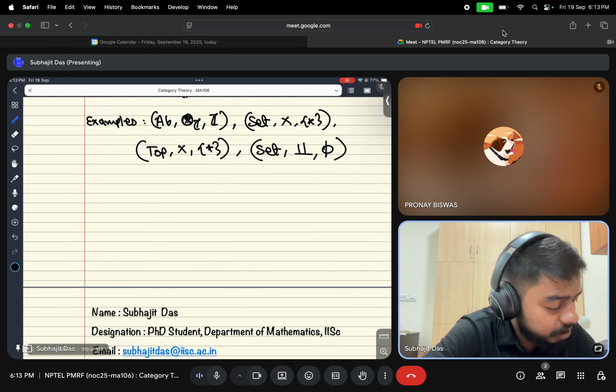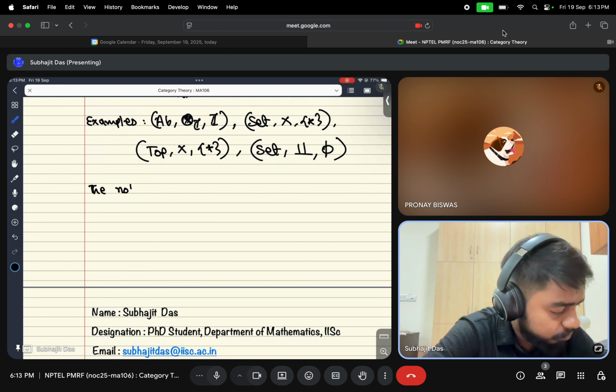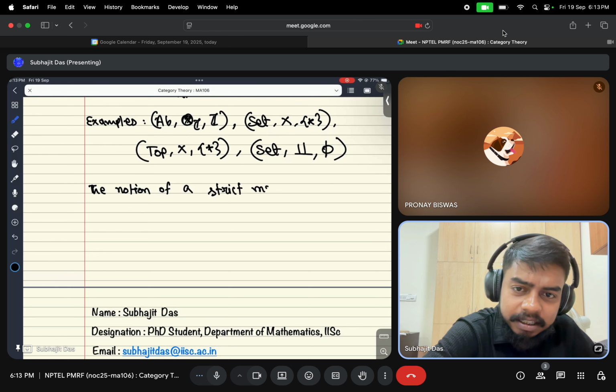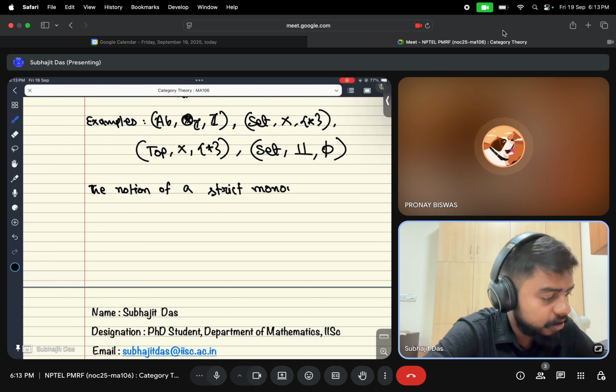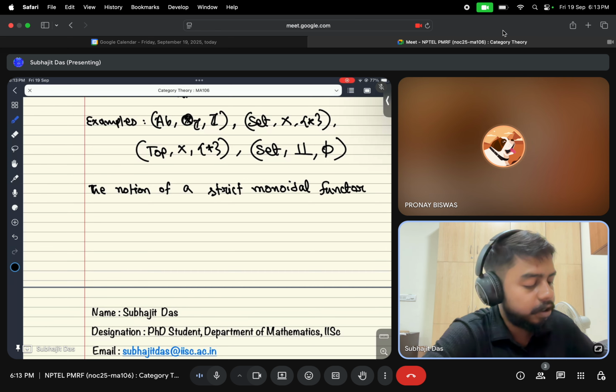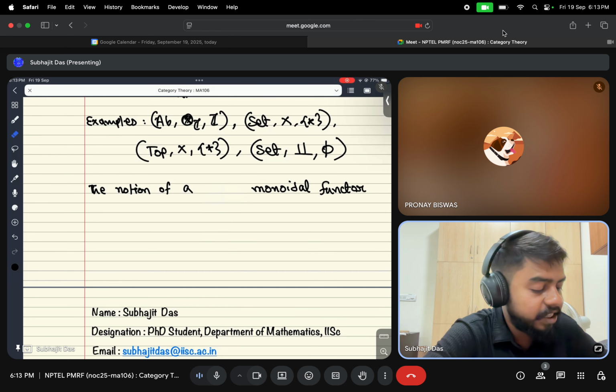You saw the notion of a strict monoidal functor. Am I right? It was taught, right? Okay. So what is a monoidal functor?